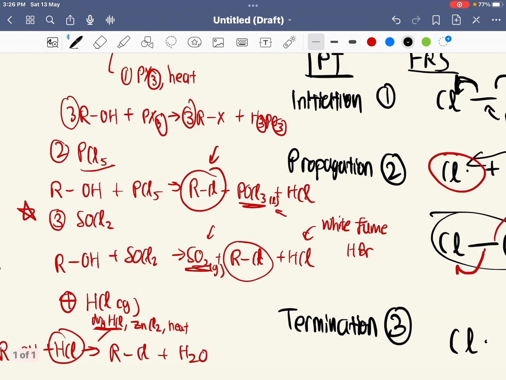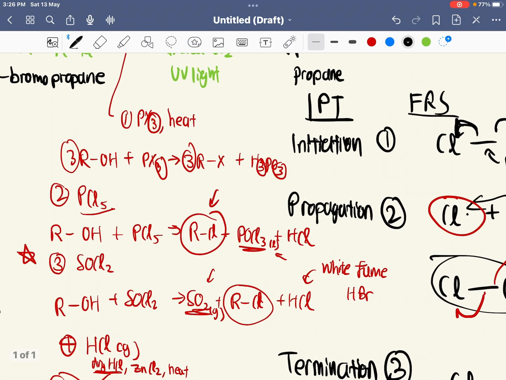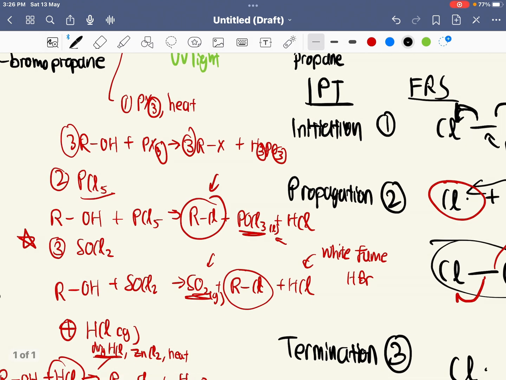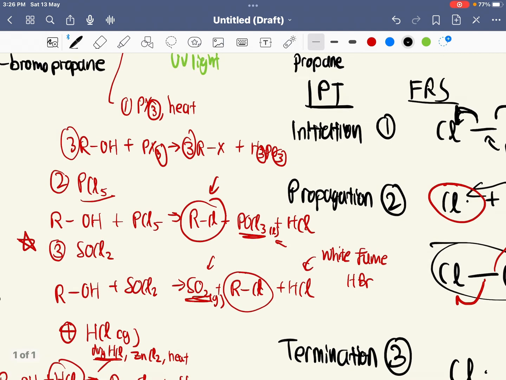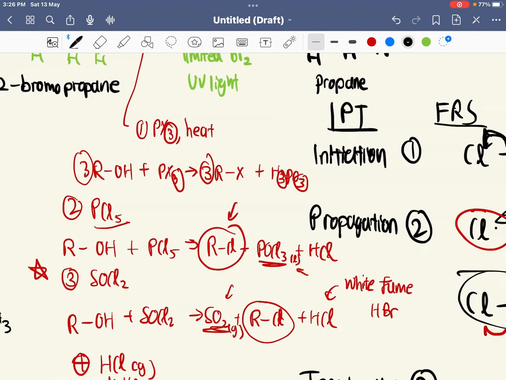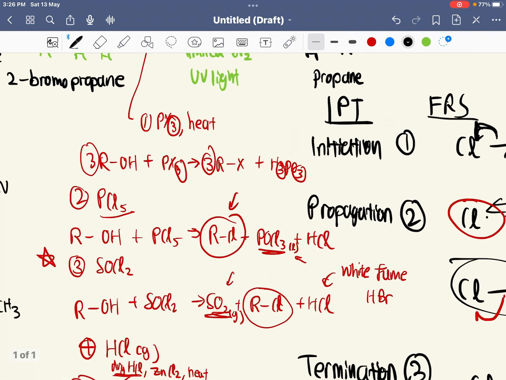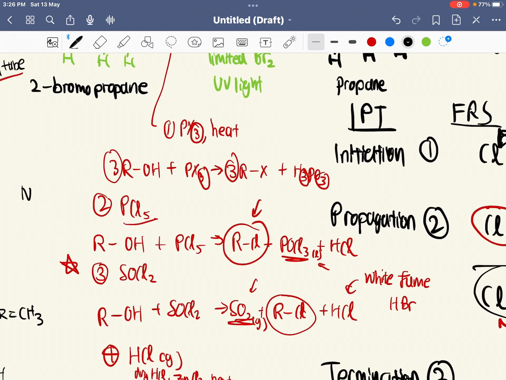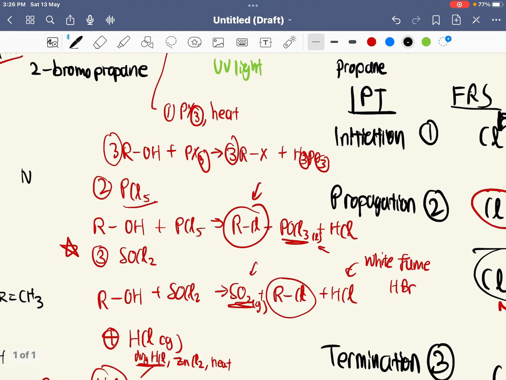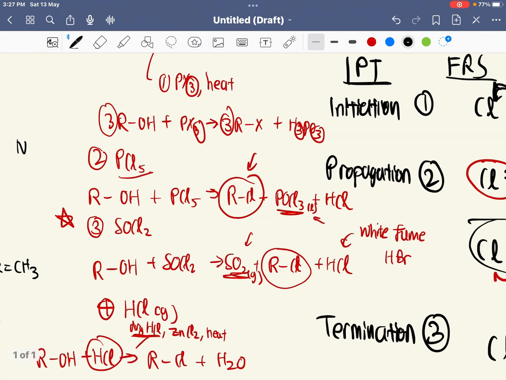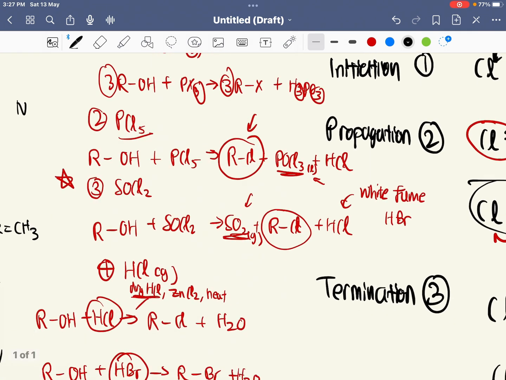The good rule of thumb is that if you use anything else, like PCl5 or SOCl2, besides PX3 with heat, you're going to form 1 mole of each product and reagent. When you use PX3 with heat, there's a 3 somewhere, either in the subscript or in the molar ratio itself.